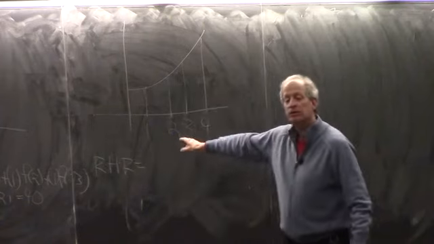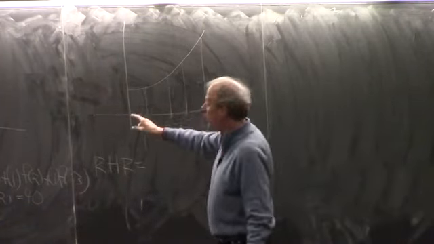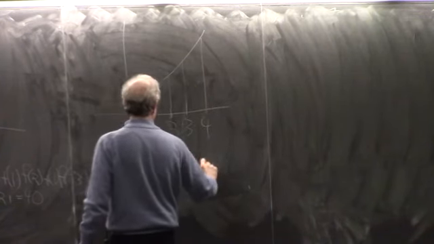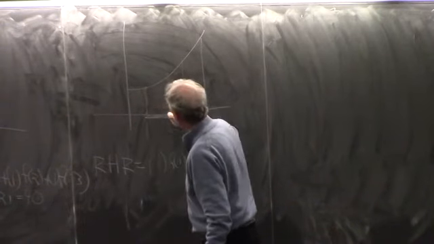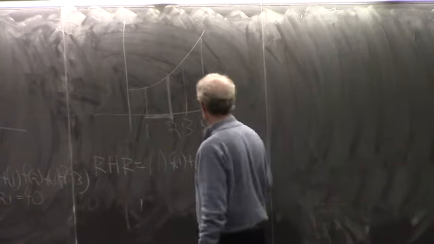Now the width of each of these is still 1, but the height of the first one is f of 1. The height of the second one is f of 2, because I go to the right-hand side of this interval, and I go up to there. Okay? That's f of 2.